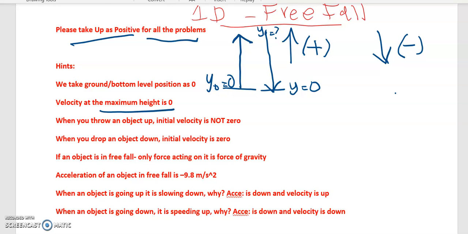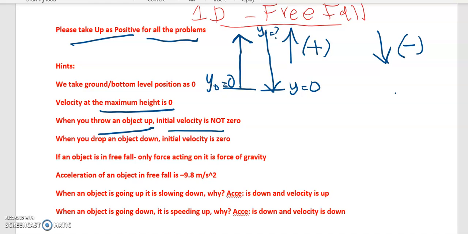The object is going to come to a rest at the maximum height, and then it's going to turn back and reach the ground. And when you throw an object up, initial velocity is not 0. You cannot throw an object up with a 0 velocity.